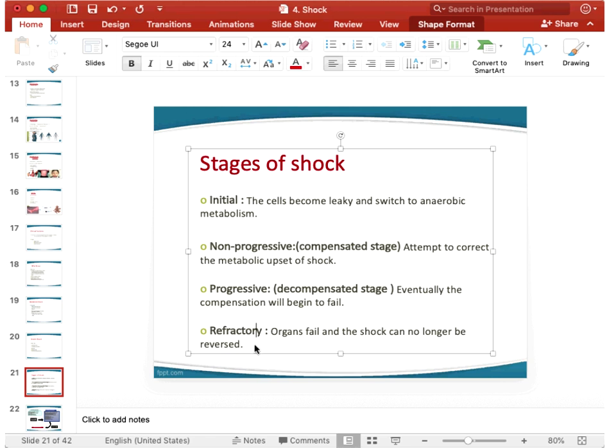But in the refractory stage, all of the organs have already failed. None of them are working. Up to this point, the damage is irreversible, and there are very, very low, statistically speaking, chances of surviving.